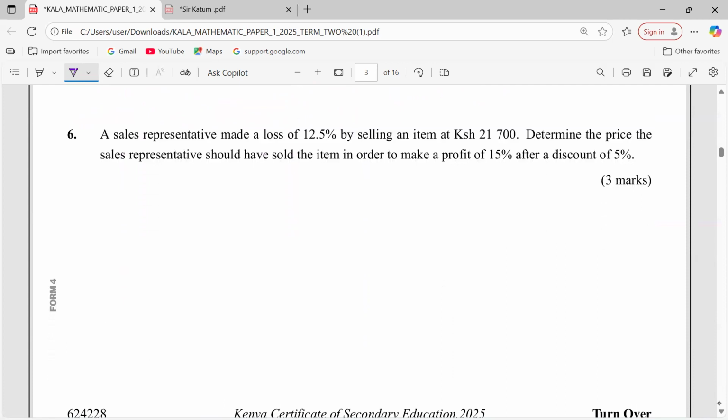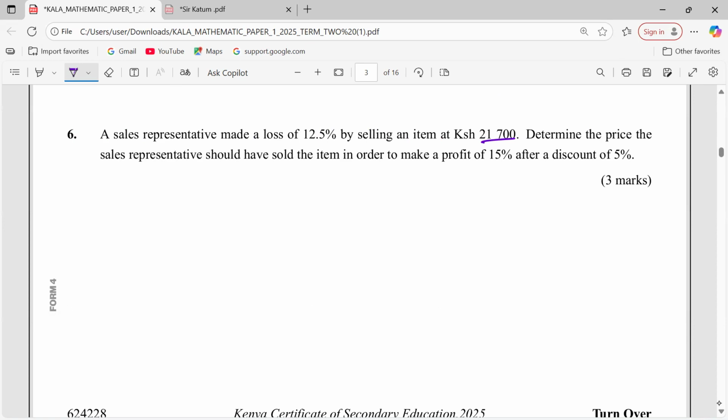Determine the price the sales representative should have sold the item at in order to make a profit of 15% after a discount of 5%. So let's flow through the question.